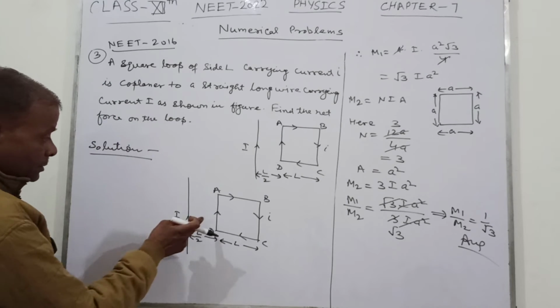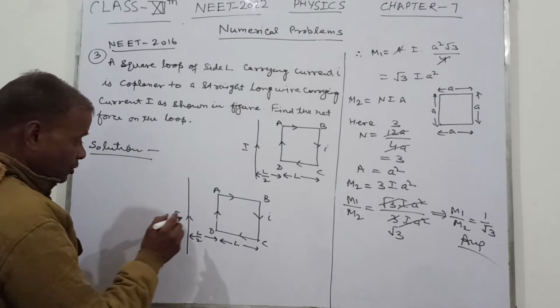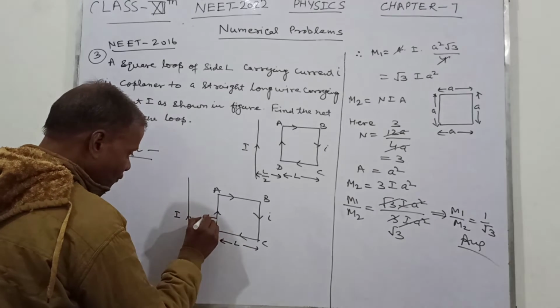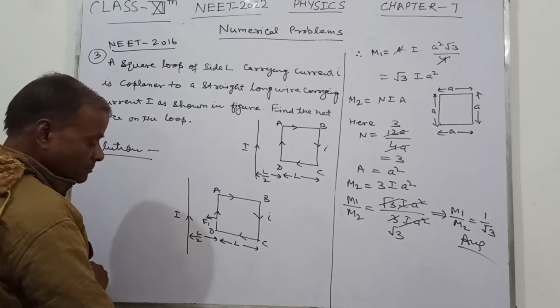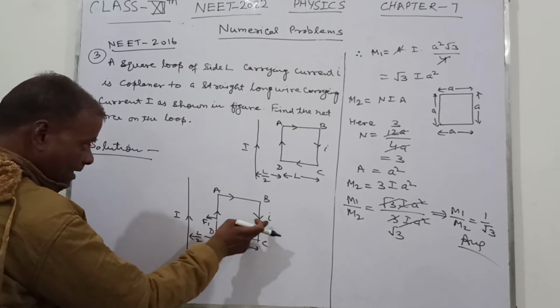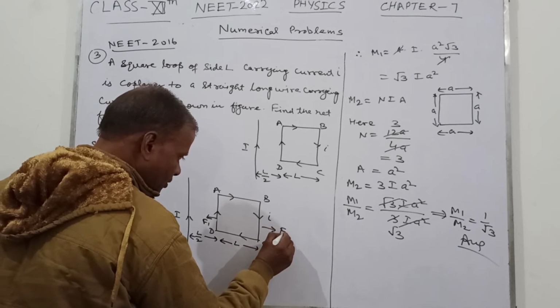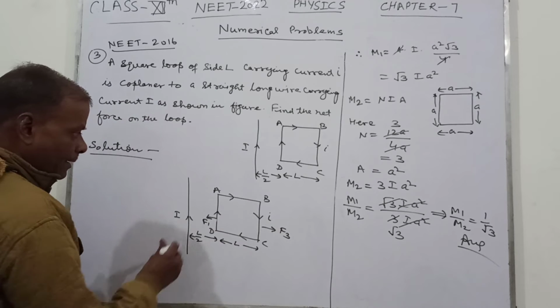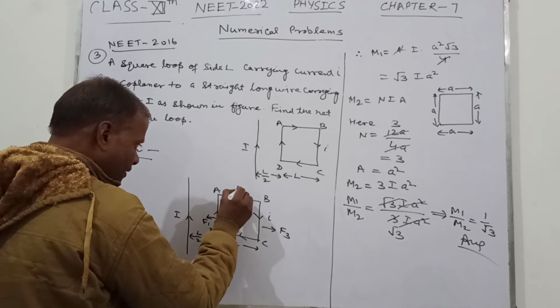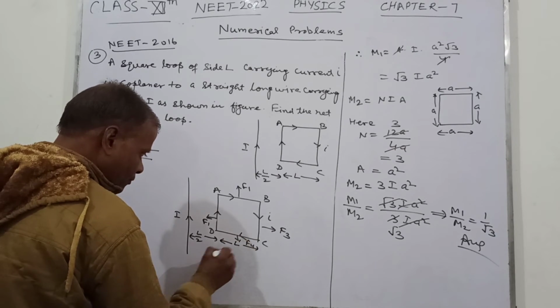So now this current and this current is parallel, so they will attract each other. So now force here, this is now your F1. Now this current and this current are anti-parallel, so they will repel each other. This is now your F3, and here the force is F2, here the force is F4.